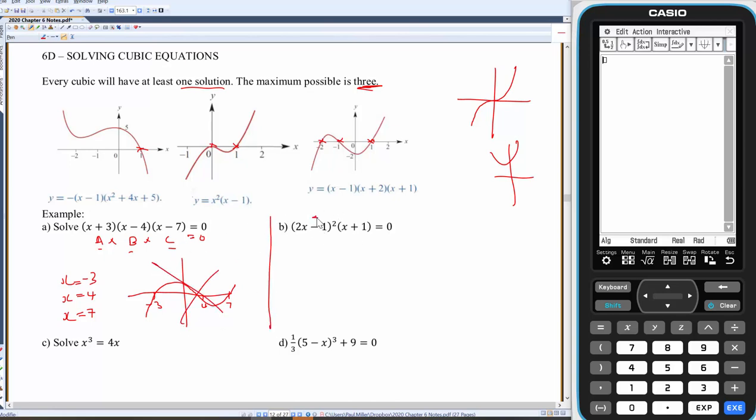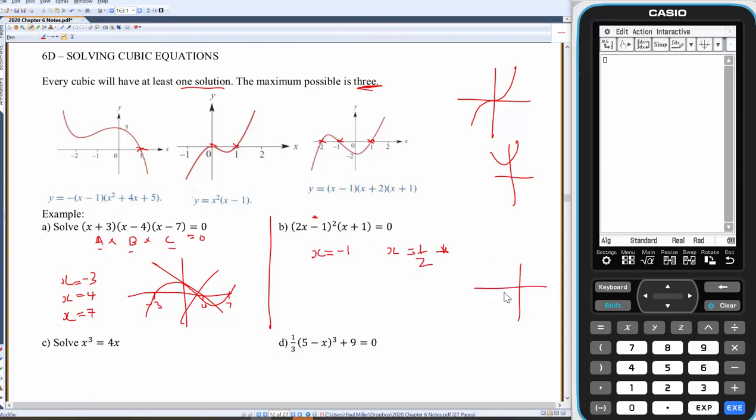Right, this one here, we're going to note something interesting about this particular solve. Let's go ahead and solve it. So I've got x plus 1 could be equal to 0, in which case x is going to be -1. And I've got (2x - 1) squared could equal 0, in which case x is equal to a half. Now, let's just asterisk this solution here because something special happens when we get this squared factor.